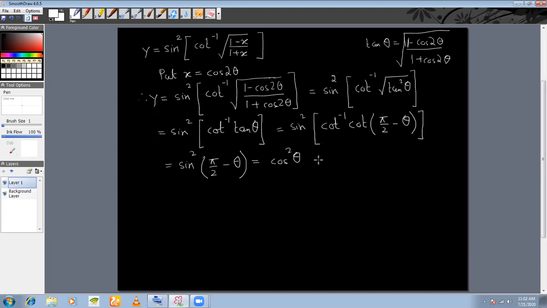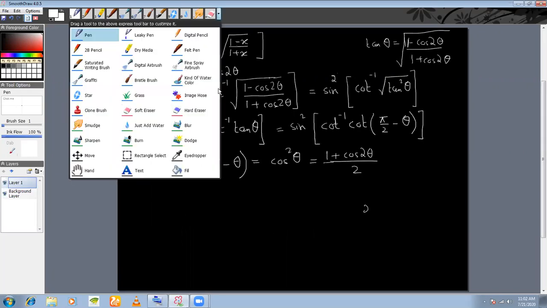Now what is cos square theta in terms of cos 2 theta? It is 1 plus cos 2 theta by 2. You understood or not? If you remember, I'm just writing this formula. Let me not write directly.